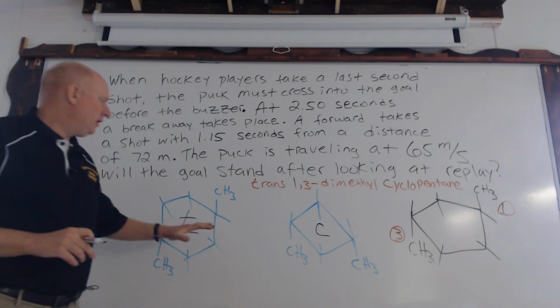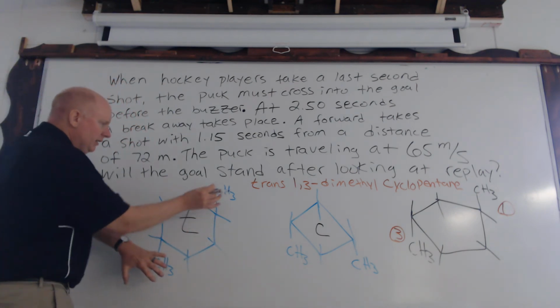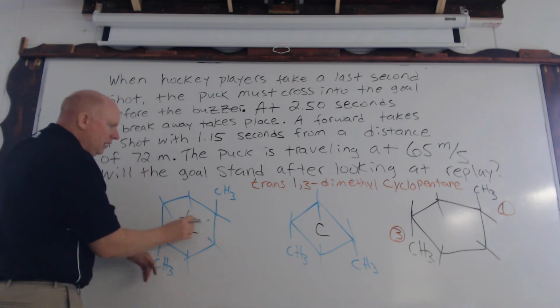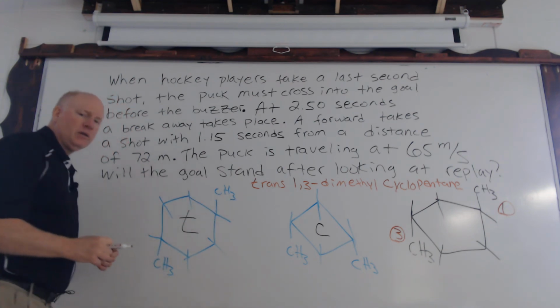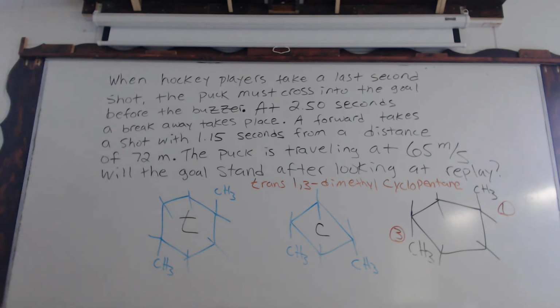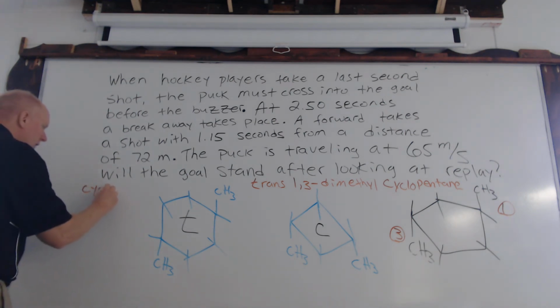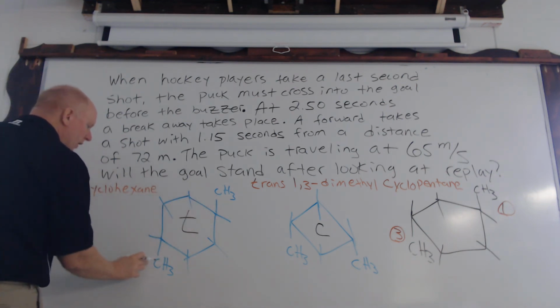So the same can be said for these two. We know that this is cyclohexane. We've got two derivatives on there. So I want you to go ahead and think about what you would write for that. So we know we've got cyclohexane. We know we've got two derivatives.